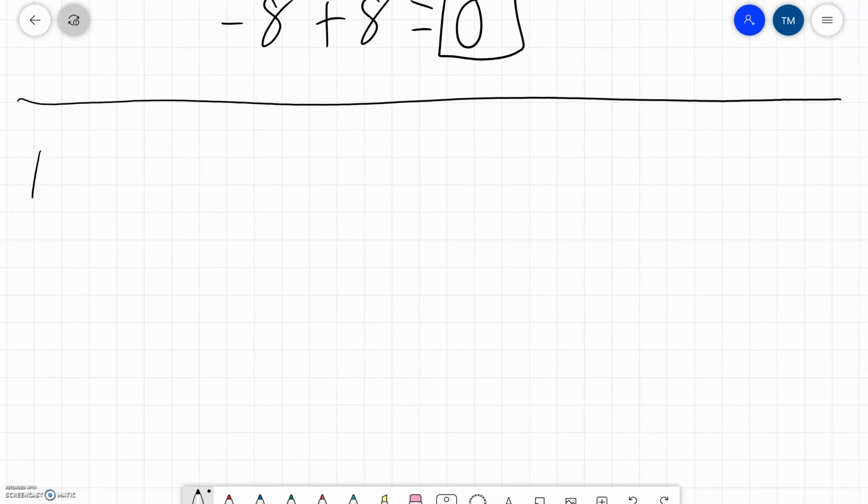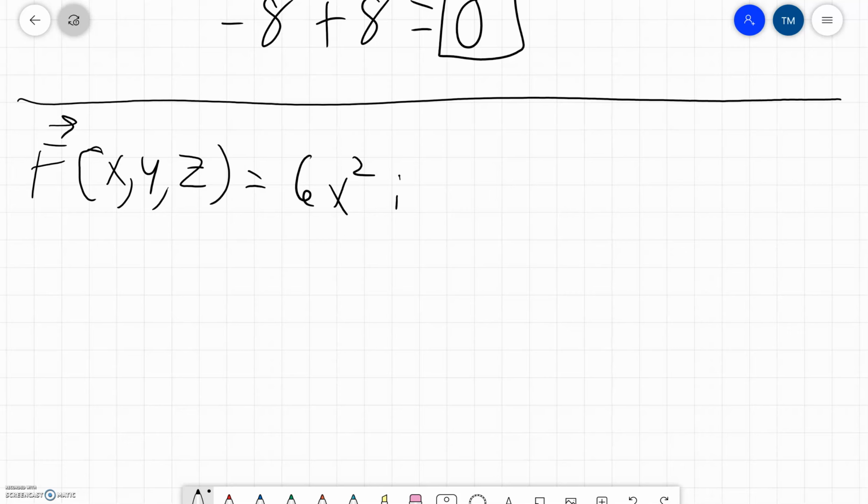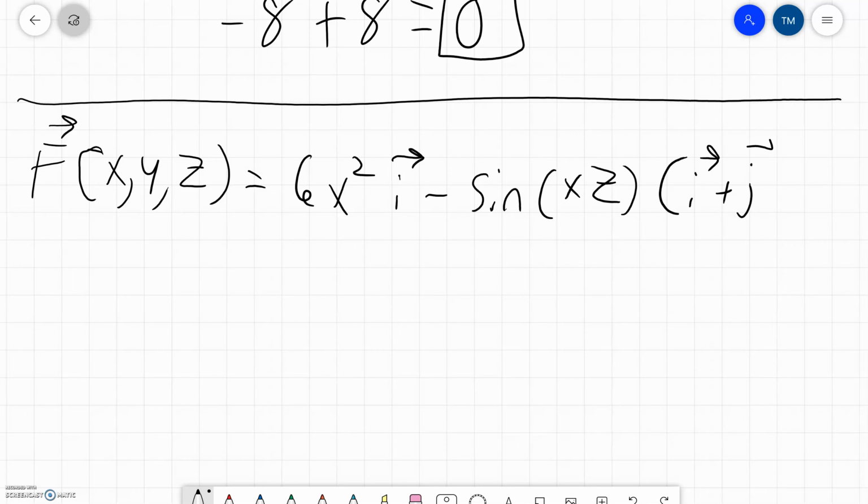Let's say we have a vector field of x comma y comma z where we have 6x squared in the i direction minus sine of xz in the j direction.